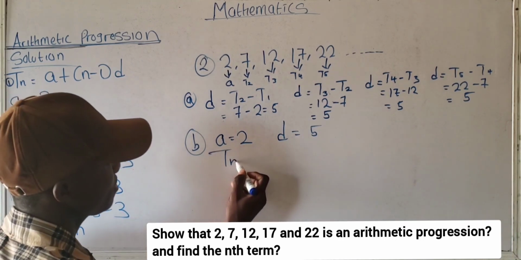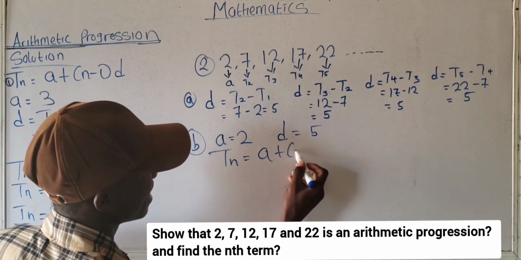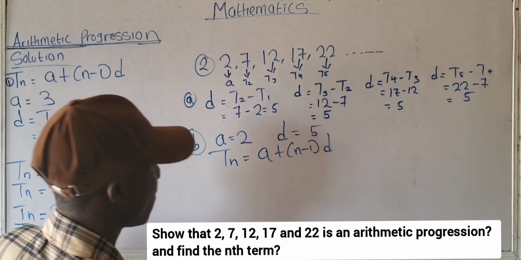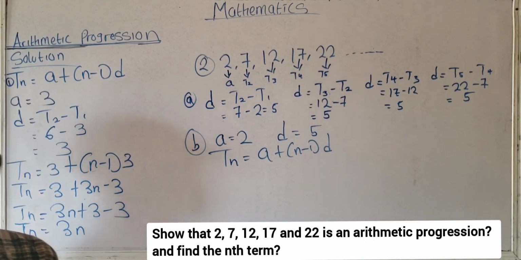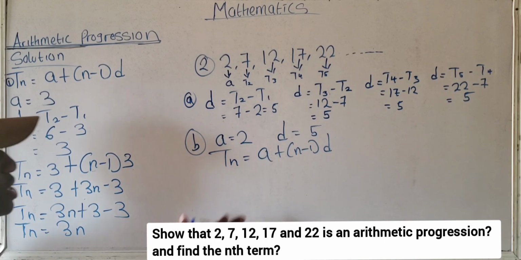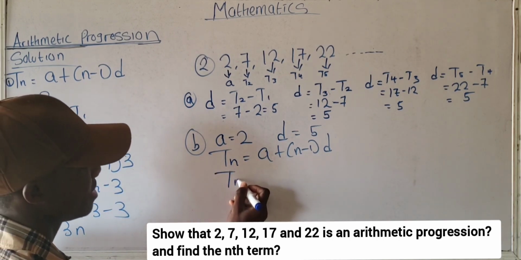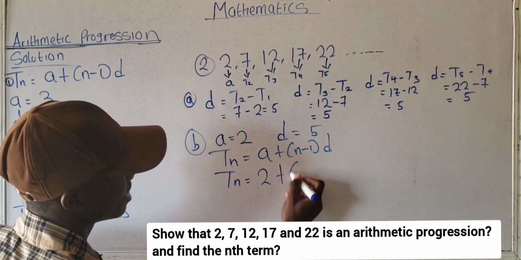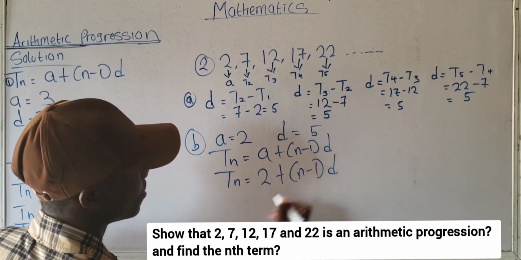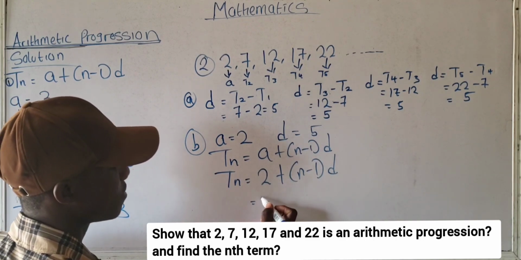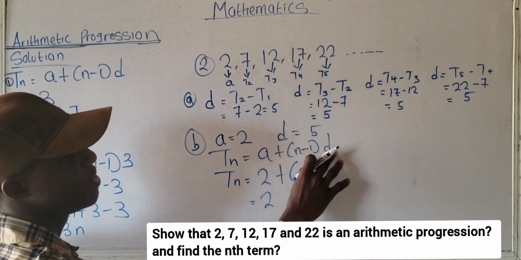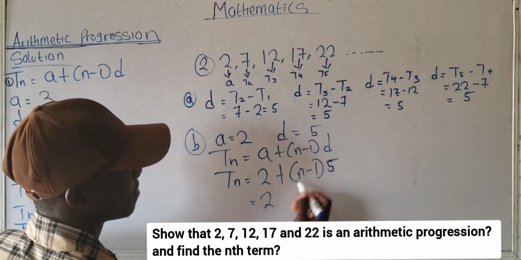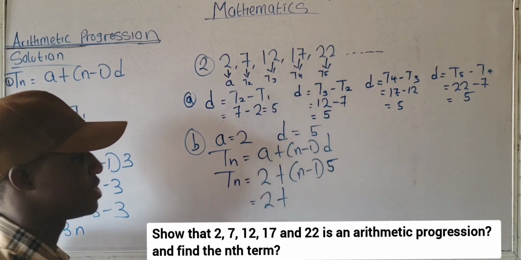Tn equals a plus n minus 1 multiplied by d. Now, what you have to do is just substitute the values of a and d into this formula. So I'm going to have Tn equals 2 plus n minus 1 multiplied by d. Replace this d with 5. So I'm going to have multiplied by 5. Open this bracket using this 5.